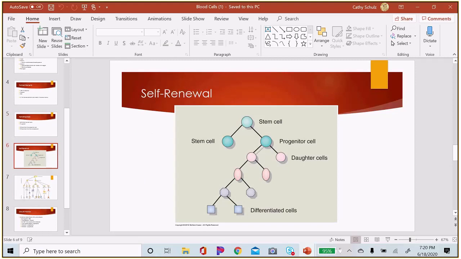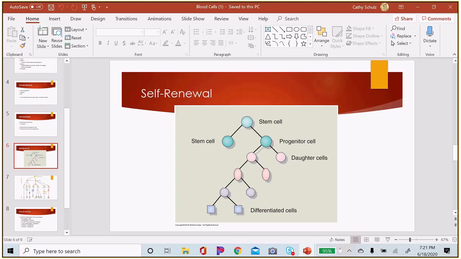So this is a picture of that. We have our stem cell that is in this case we would be saying is the bone marrow cell that would be sent a message, from either that we're supposed to make more red blood cells, more white blood cells, more platelets, that would then cause the stem cell to differentiate into a progenitor cell, which will give us a particular cell line.